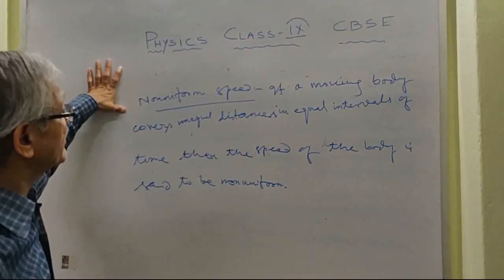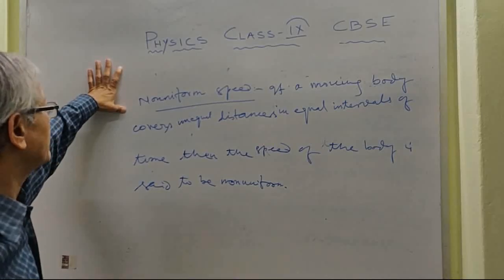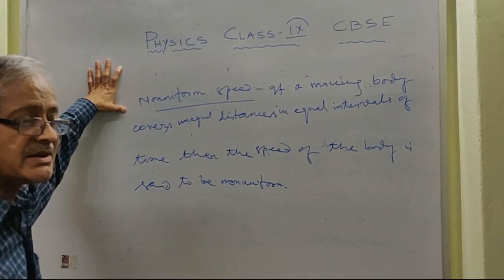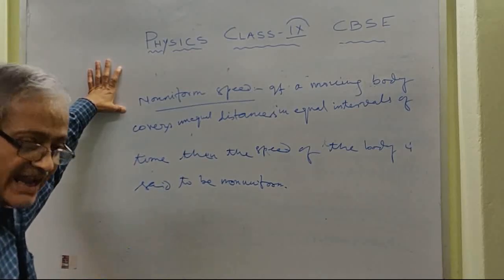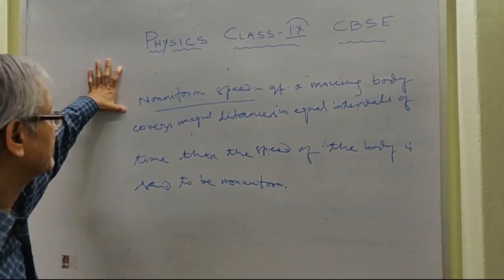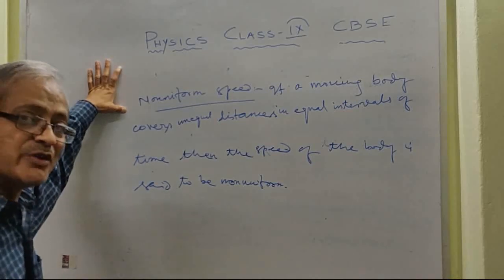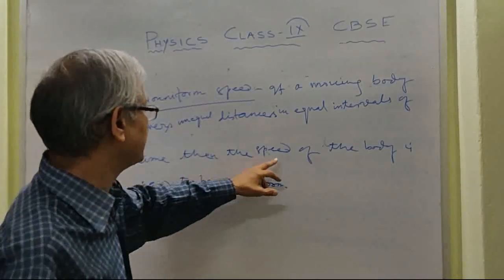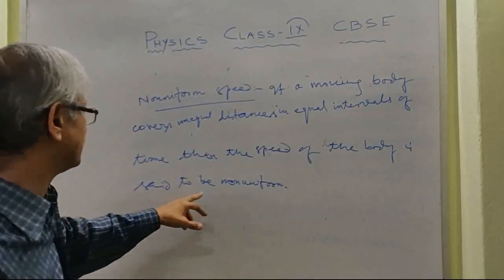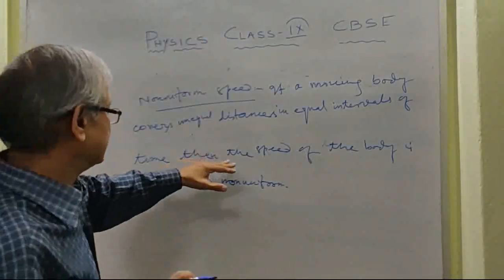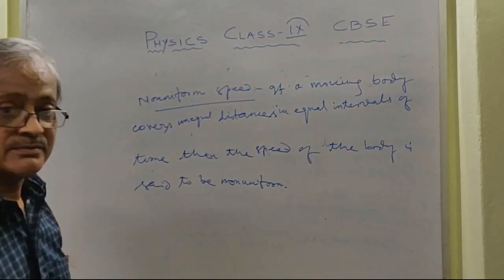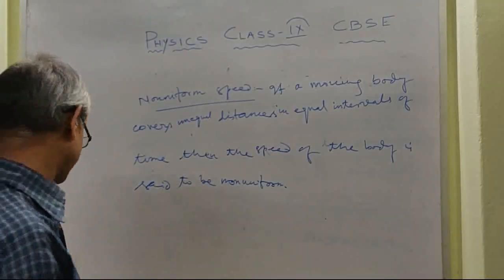In the same way, if a moving body covers equal distances in equal intervals of time, however small the time intervals may be, then the speed of the body is said to be uniform. In that case, the velocity of the body is said to be uniform, not non-uniform.